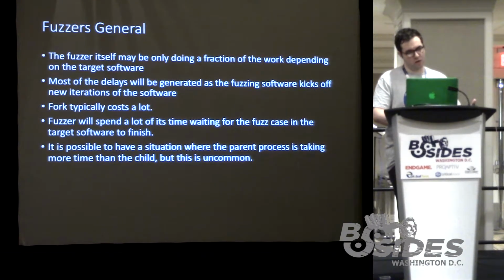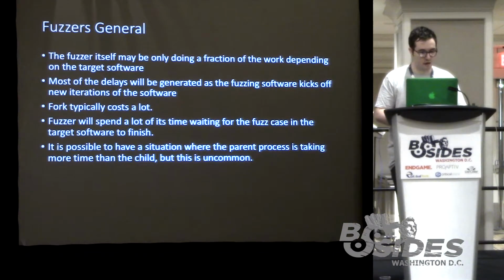So fuzzers in general have a weird bottleneck in that the fuzzer itself may only be doing a fraction of the work, depending on the target software. Often it's possible for the target software to eclipse the amount of CPU. So really speeding up the fuzzer itself is a little bit of a waste of time, but we're still going to explore that. But it appears that a lot of the biggest gains are in speeding up the execution of the test case without changing its semantics.